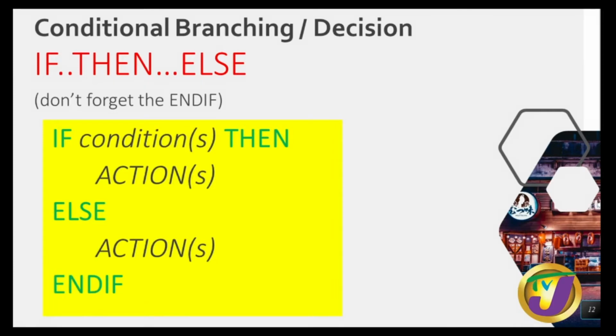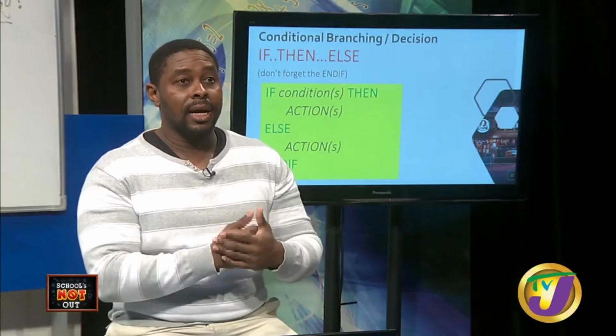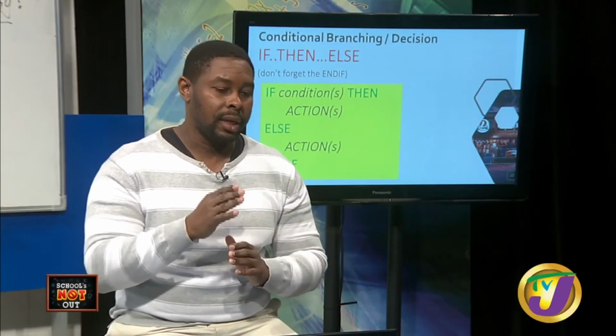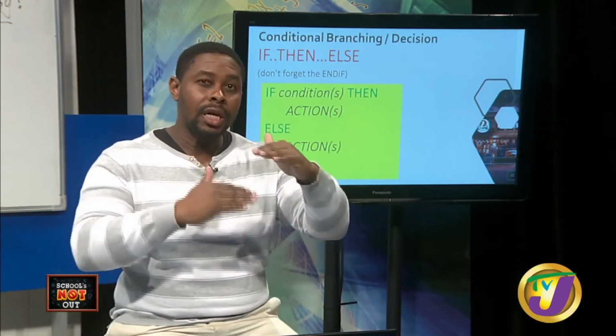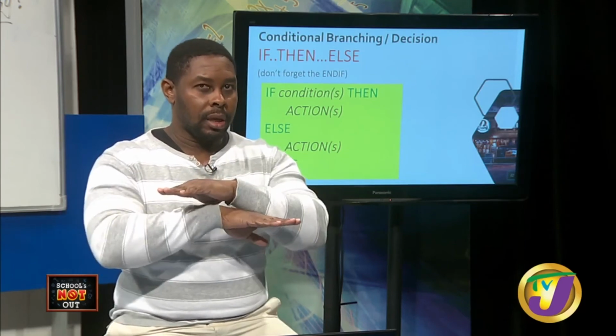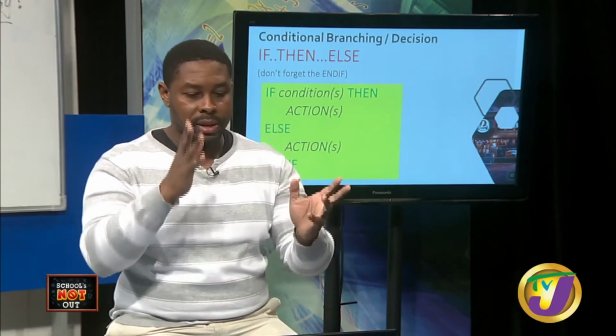These actions can be any number of things that you want: print statements, other if statements, for loops, while loops. Where we see actions, you can put anything there. The important thing is that you start and end each section correctly. That is why we have then, else, end if. Each section must be correctly delimited.